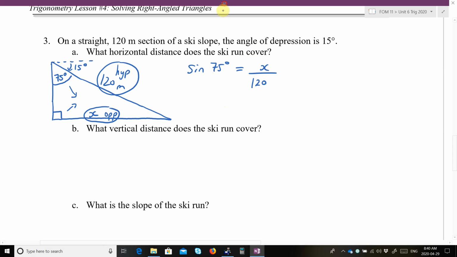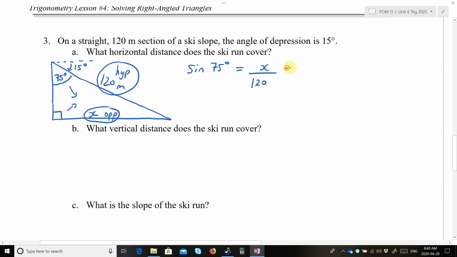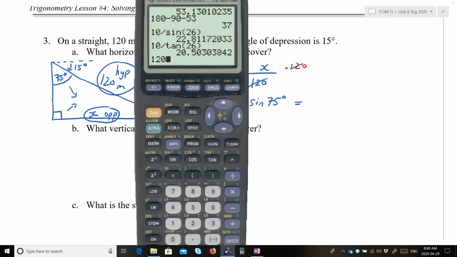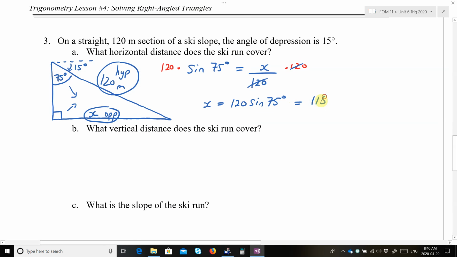And then multiply both sides by 120 to get x by itself. Okay, so x is equal to 120 times sine 75. And we get 115.9. That is going to be meters.